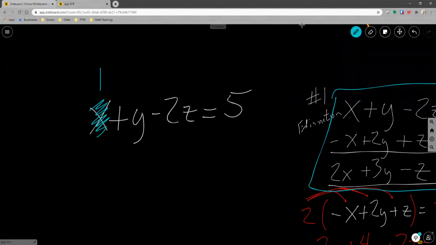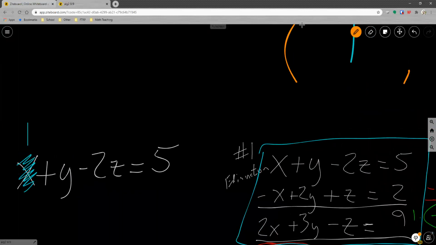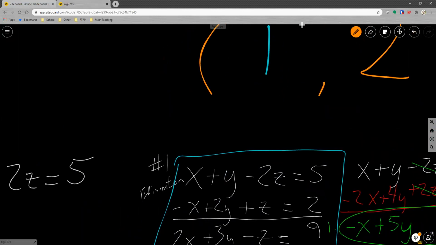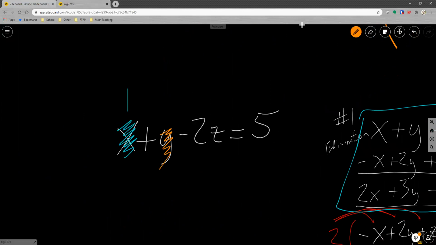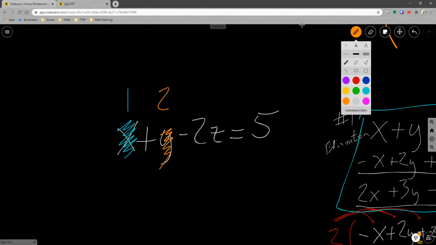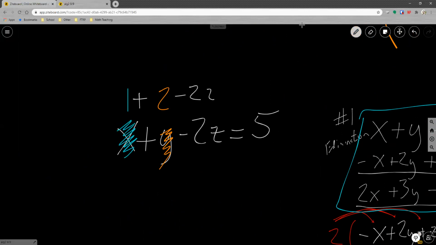I'm going to replace my y value with its value in the system, which is 2. And then I'm just going to bring everything else up. So I got 1 plus 2 minus 2z equals 5. We're almost done. The 1 and the 2 are like terms, so 1 plus 2 is going to equal 3. 3 minus 2z equals 5.